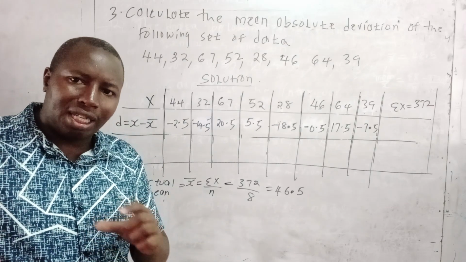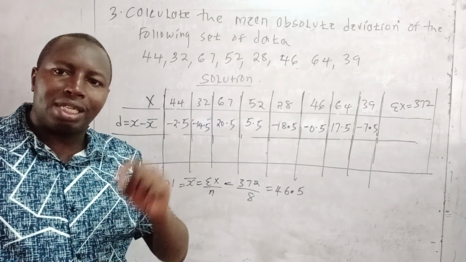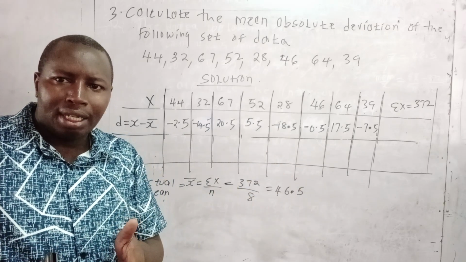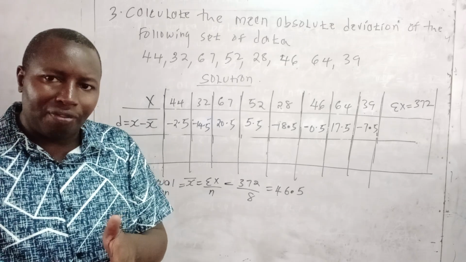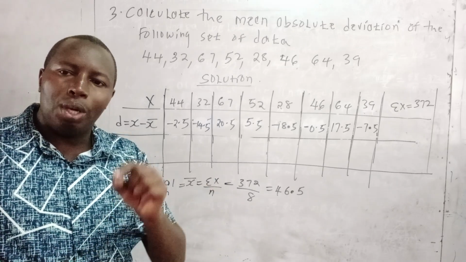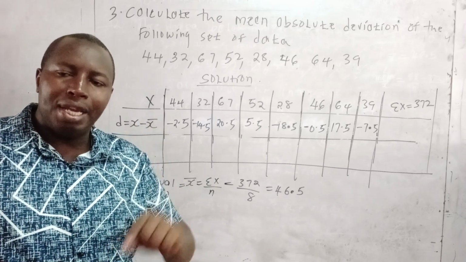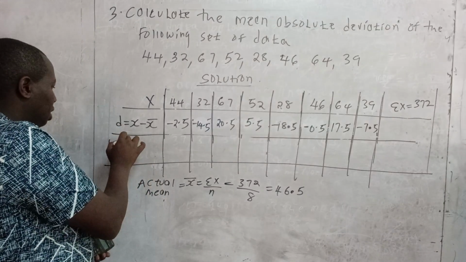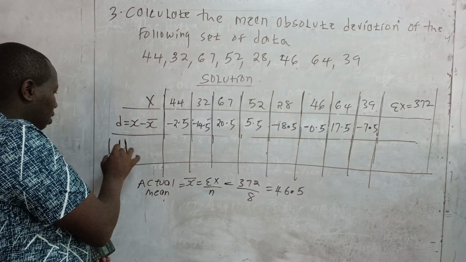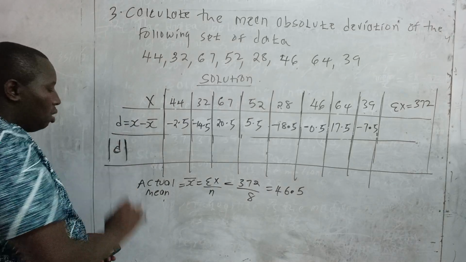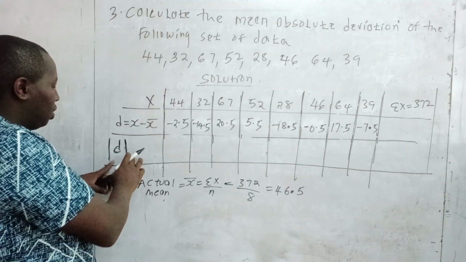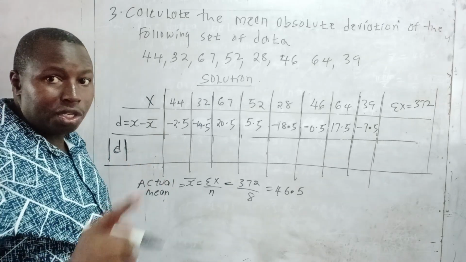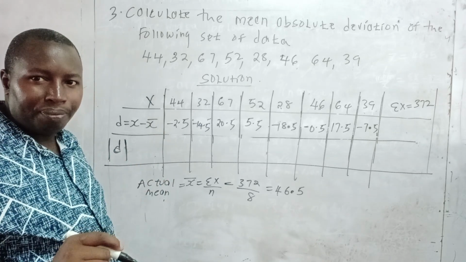We are interested to know how far the values are above or below the mean. So when you talk of the mean absolute deviation, you take the absolute deviations, meaning you ignore the negative signs.